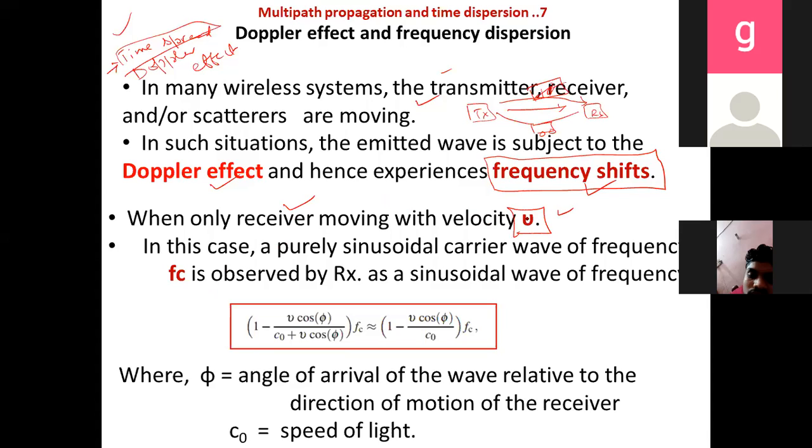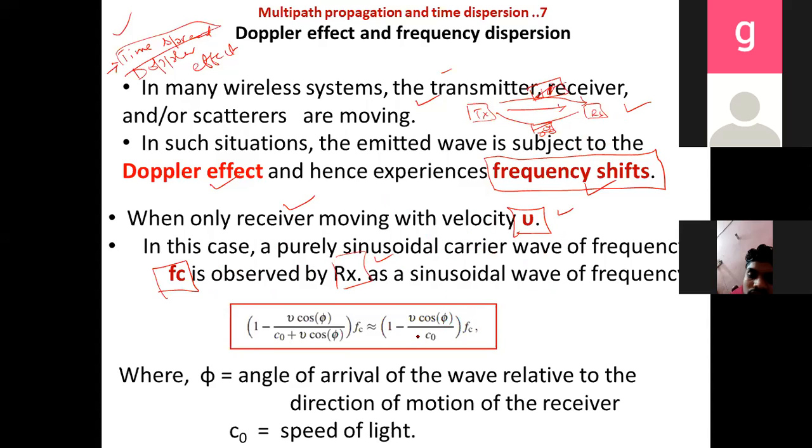Then we can say a pure sinusoidal carrier wave with frequency Fc is observed by the receiver. The transmitter and scatterers, maybe objects within this, may not be moving.